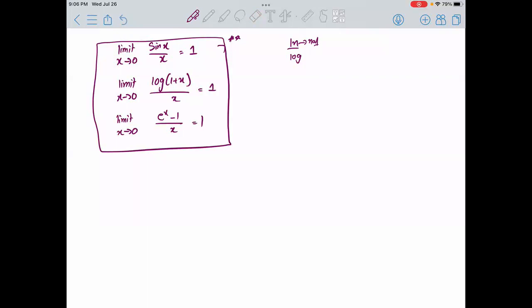And then by using these laws, find the value of the limit as x tends to 0 of log(1 plus x) whole square divided by sin x.